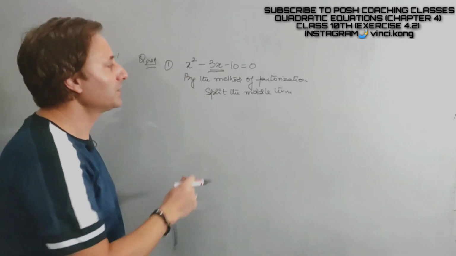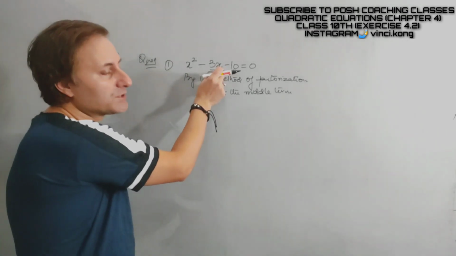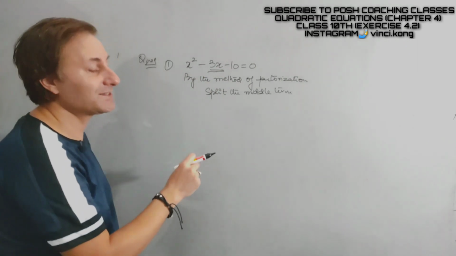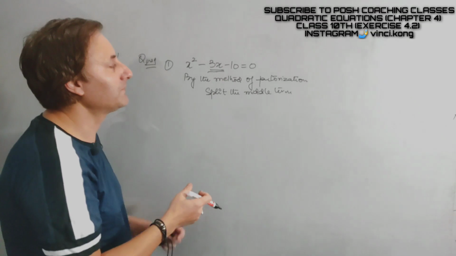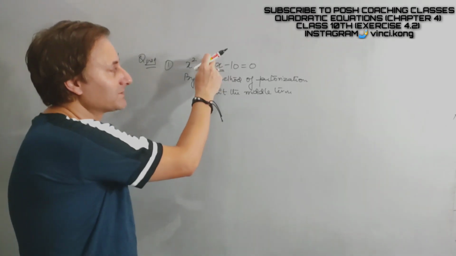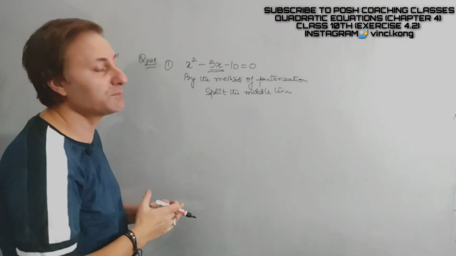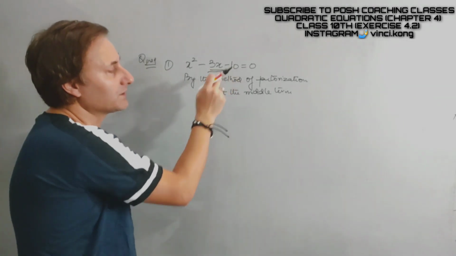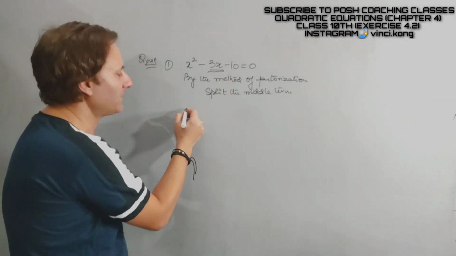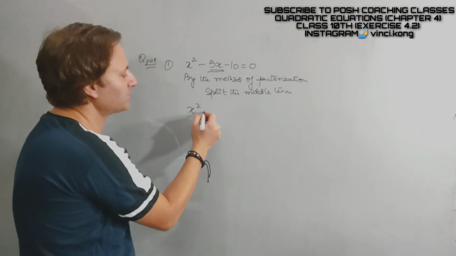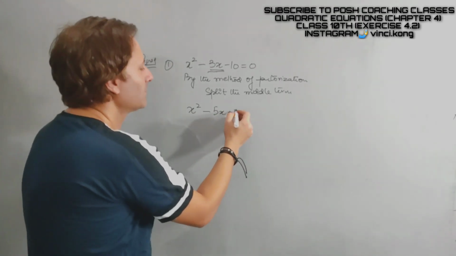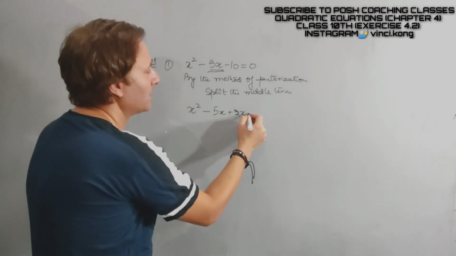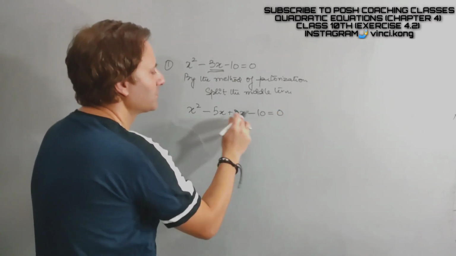I need to split this middle term in such a way that if we add or subtract them, it should come up as this, and if we multiply those two terms, it should be this. So for example, if I write here x squared minus 5x plus 2x minus 10 is equal to 0.